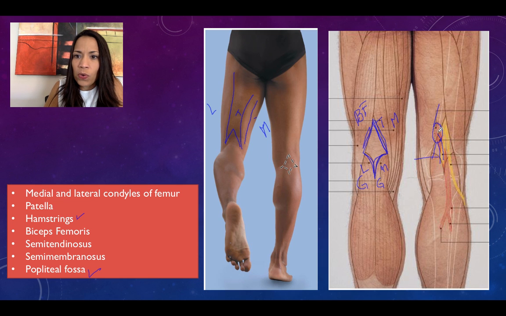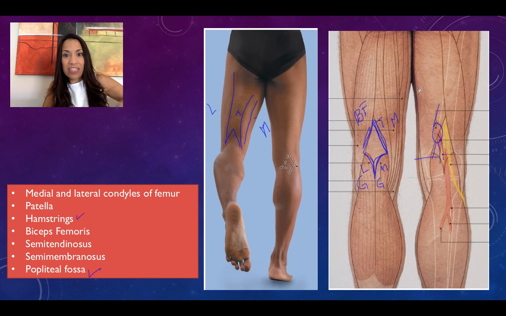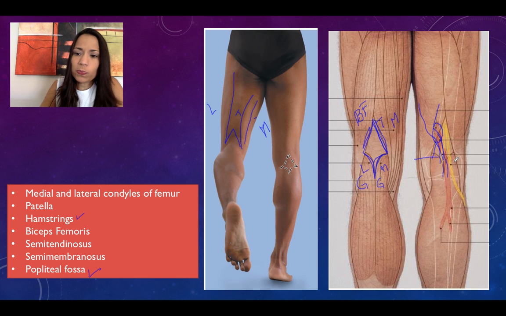Okay, so the femoral artery is located on the anterior aspect of the thigh, and then it crosses through the adductor hiatus and is located now in the posterior aspect of the knee, in the popliteal area, and is called the popliteal artery. But it's the same artery, the femoral and the popliteal, just different locations.